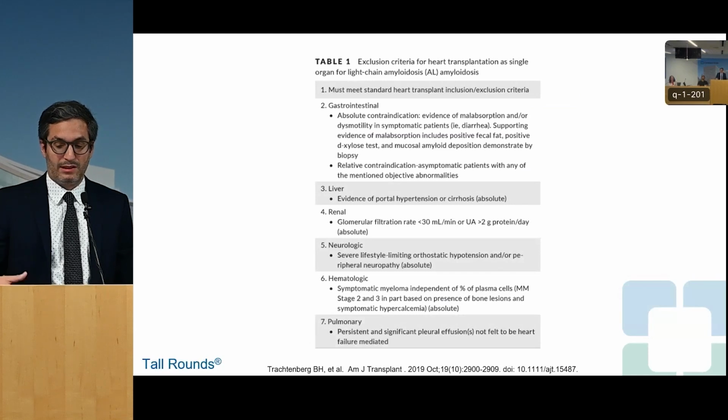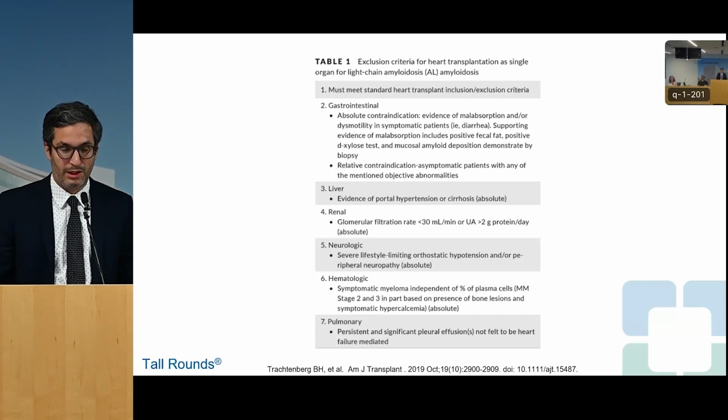And so some of the things that we look out for and have to be aware of, like I mentioned before, is if they have significant GI involvement. Sometimes they need GI biopsies to make sure how severe the disease is. If they have liver involvement, sometimes we also need a biopsy of the liver if they have significant portal hypertension or cirrhosis.